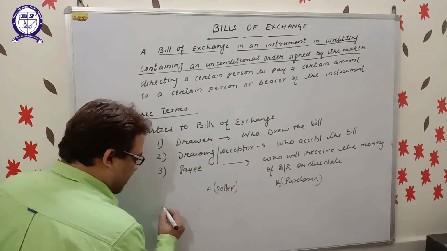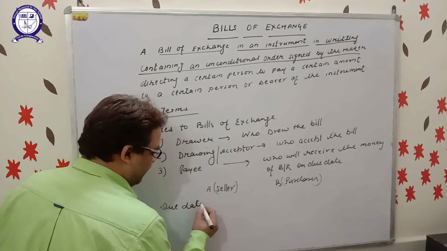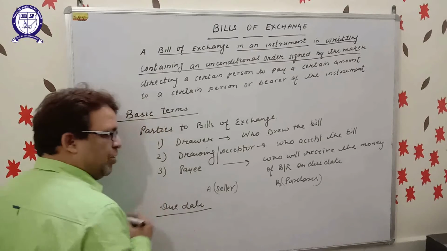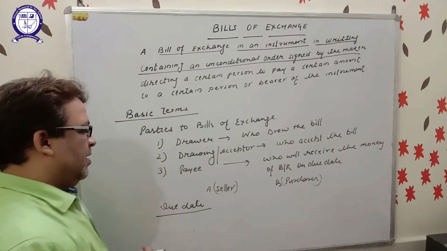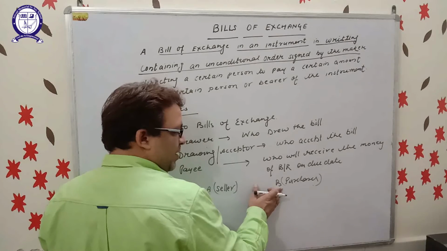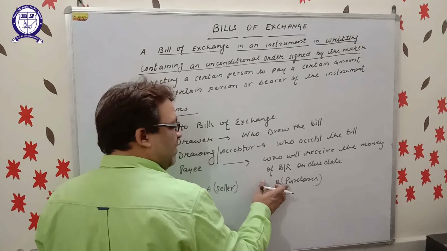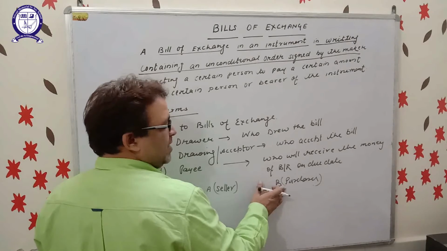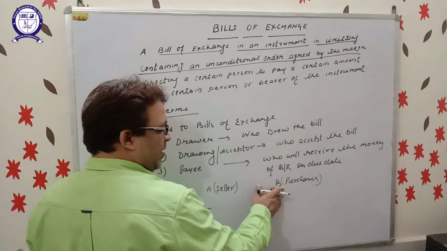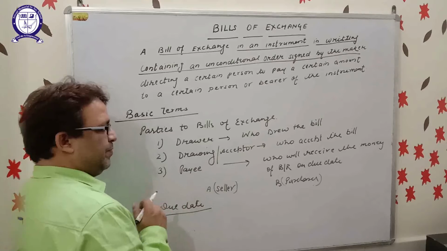Now, due date. What is due date or maturity date? The date on which B, the drawee or acceptor, is liable to pay his obligation. That date is called due date.